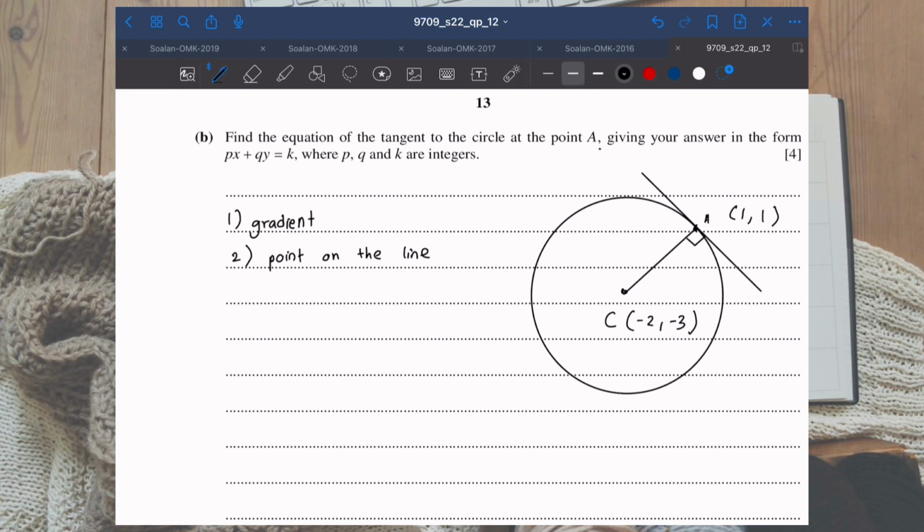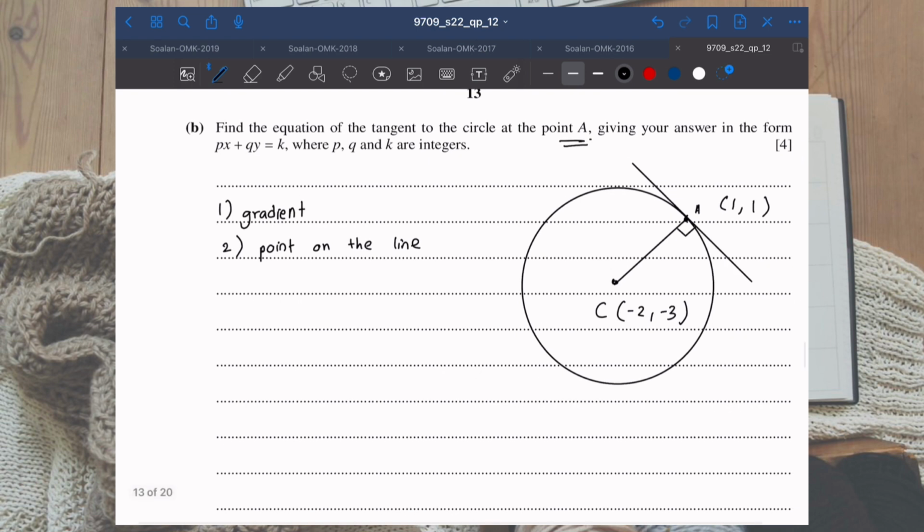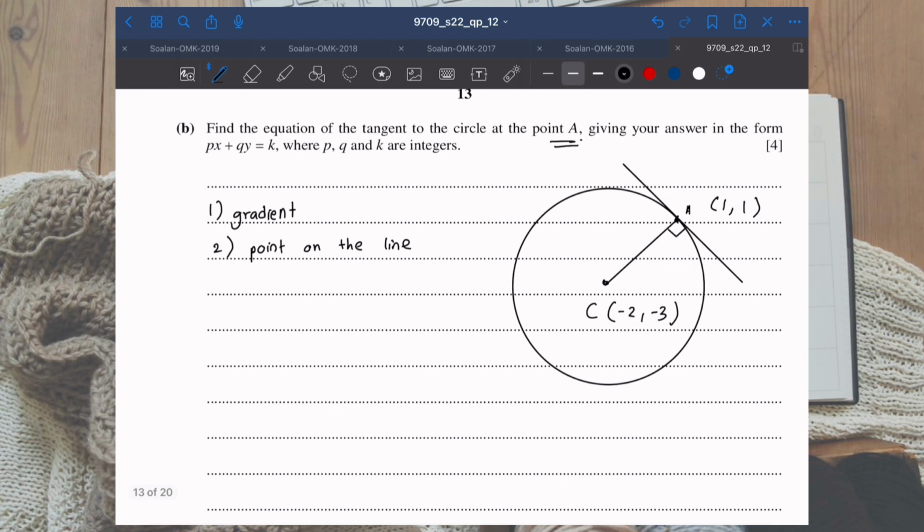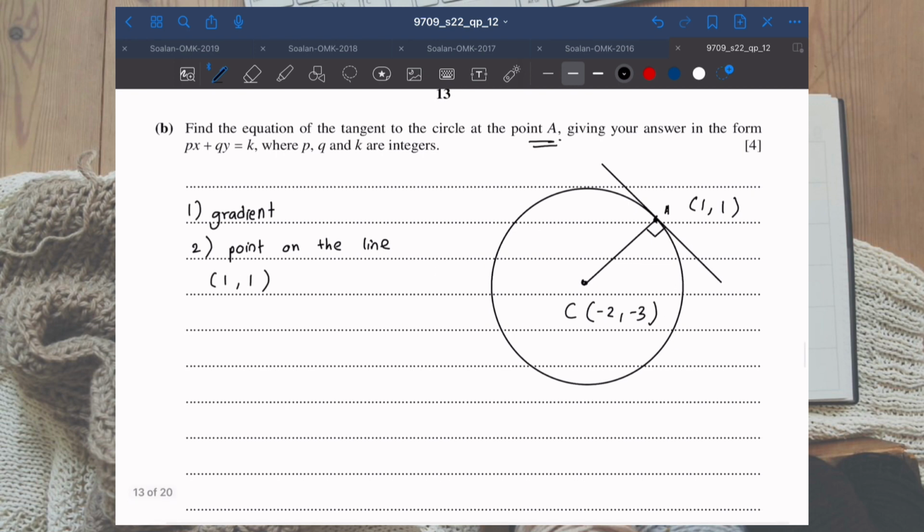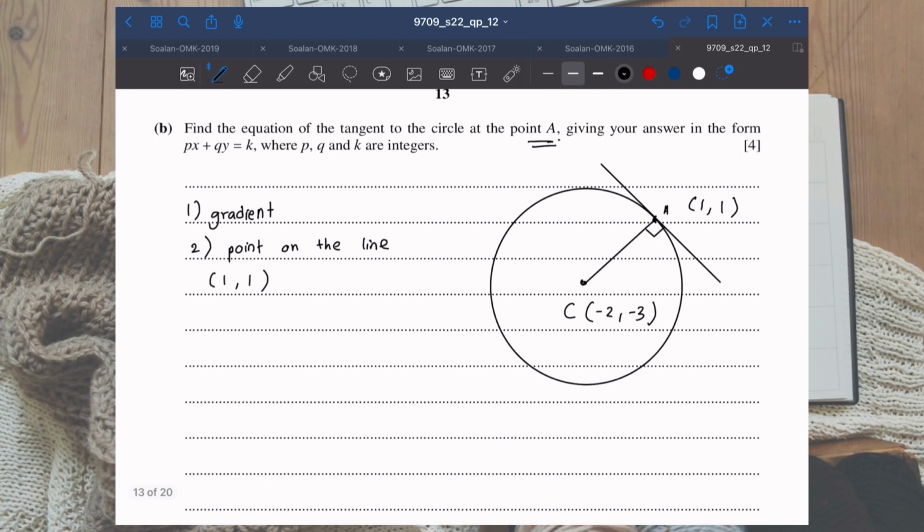Since this is the equation of the tangent at A, our point on the line will be the point A, which is (1, 1). So now we need to know the gradient of the tangent.